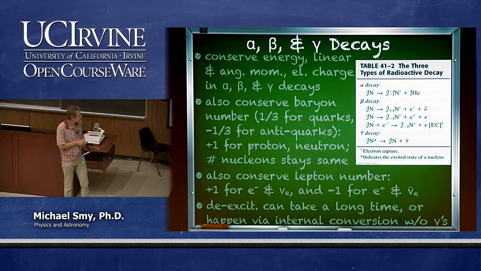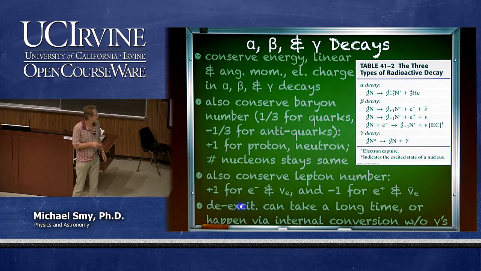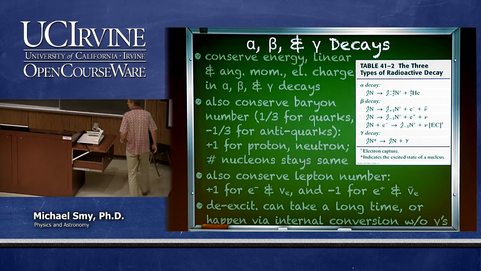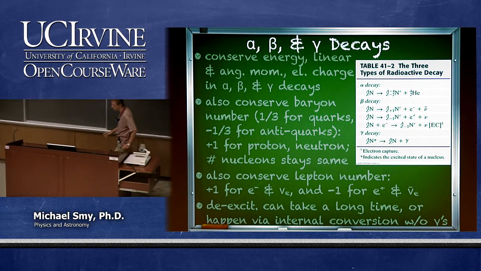And one last remark about the de-excitations via gammas. First of all, that can take quite a long time if the daughter nucleus of a beta decay is metastable. It can even happen without emission of gamma rays if the energy is released in some other form. And that's then called internal conversion.